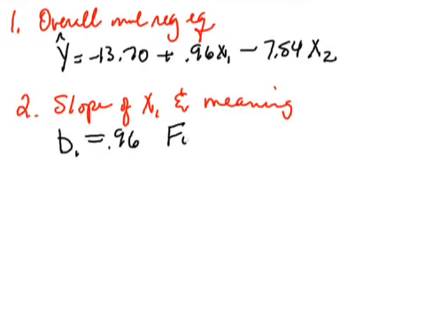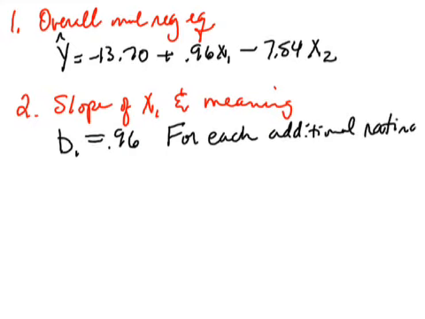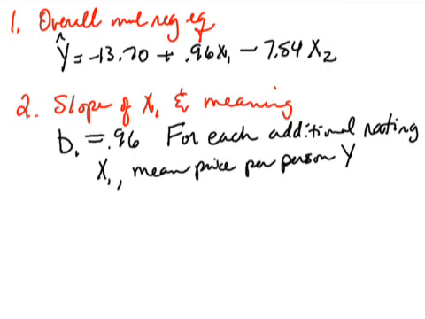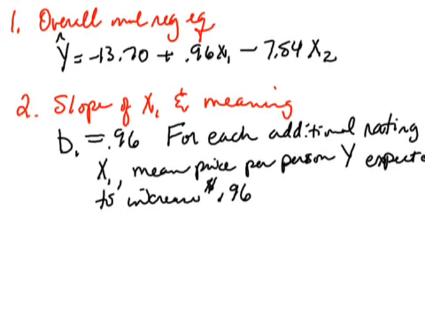For each additional rating point, x1, the mean price per person, by the way, which is y, is expected to increase $0.96, 96 cents or almost $1, holding location constant.